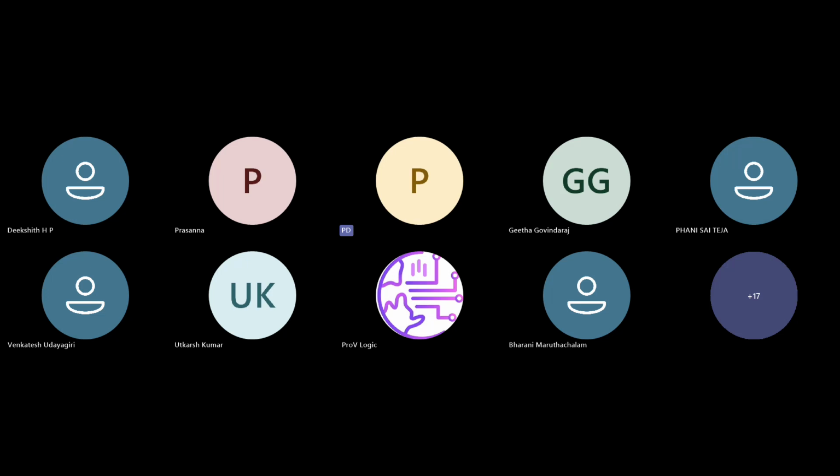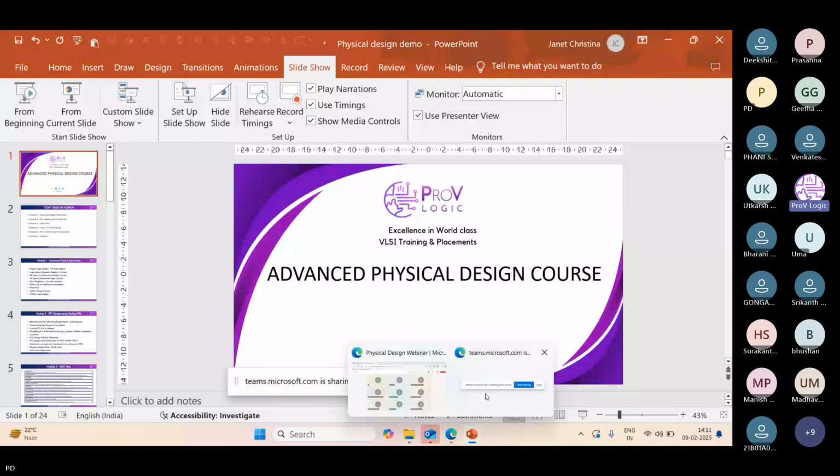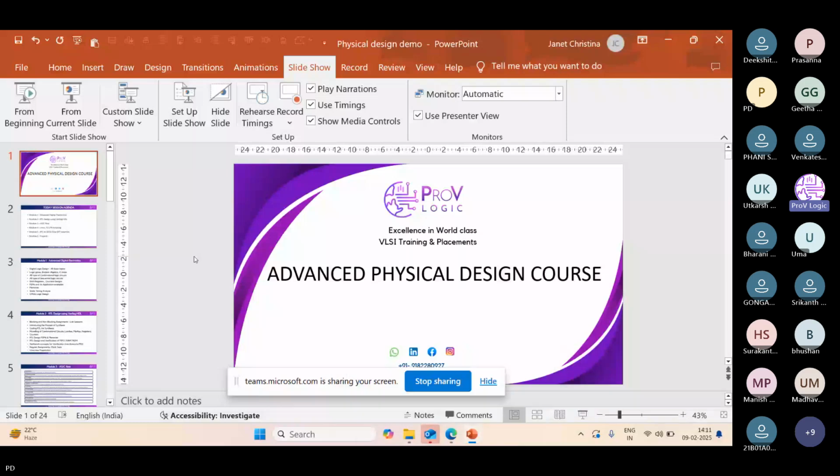Is my screen visible? No. Okay, just a second. Please let me know if you can view the screen. Yeah, it's visible now. You can put in slide show, like a full screen. Yes, I will.